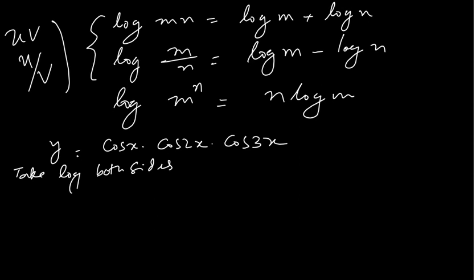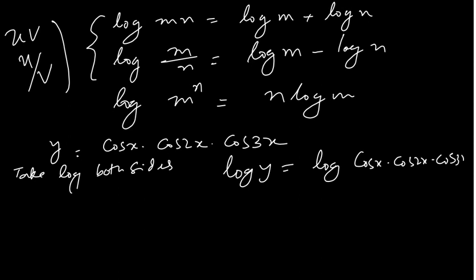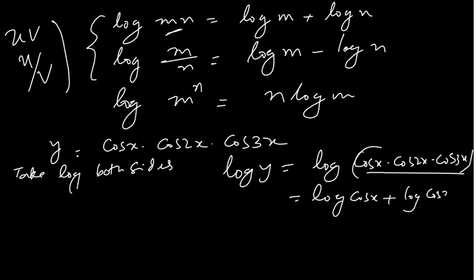Okay, so it becomes log y equal to log of cos x into cos 2x into cos 3x. So which one will apply? The first one here, log mn, right? So this is split as log cos x plus log cos 2x plus log cos 3x. Understood?